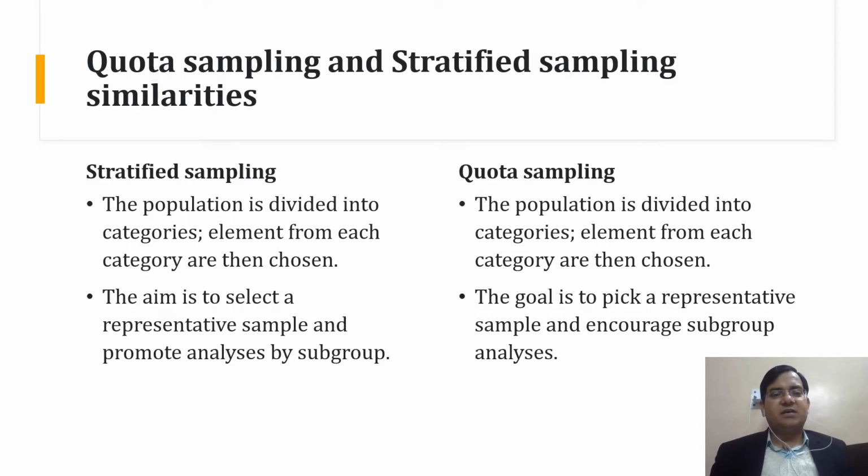If we quickly revise the similarity and dissimilarity between quota sampling and stratified random sampling, the similarity is that the population is divided into categories called strata, and elements from each category are chosen. This is the similarity between quota and proportionate stratified random sampling.